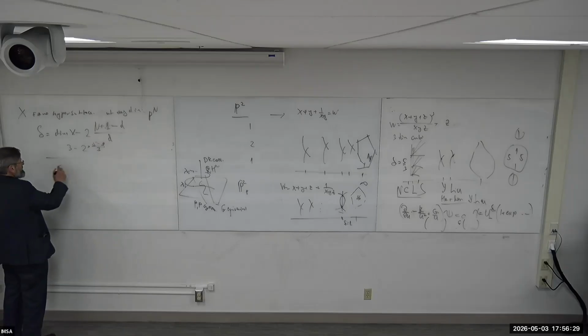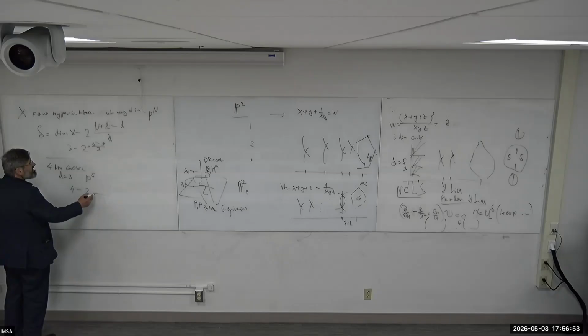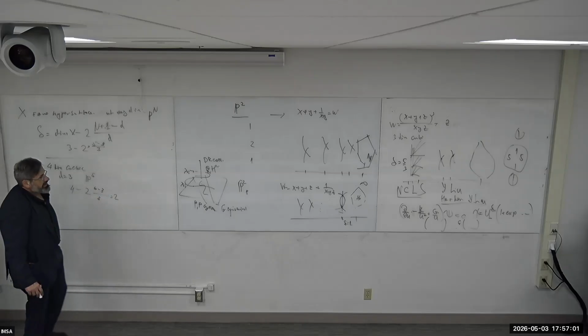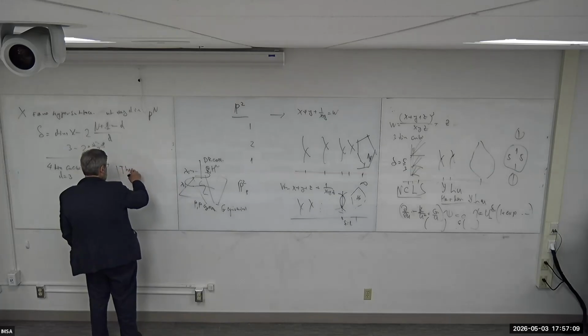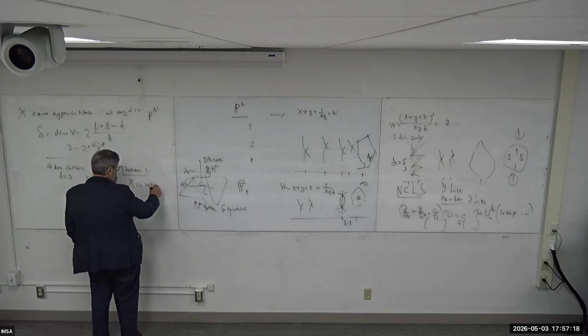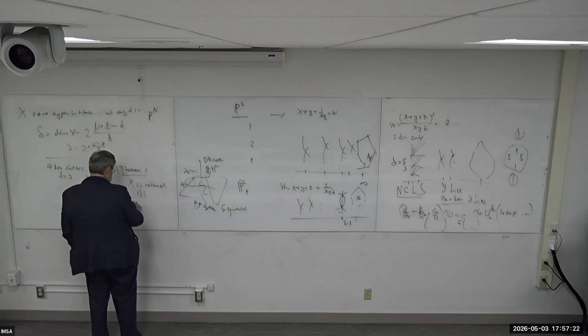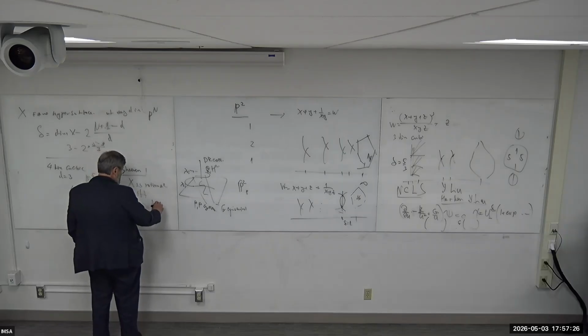Now, if you look at the four-dimensional cubic, so I have degree 3 in P^5, then this formula gives 4, and that's not good because it's equal to 2, and actually the theorem is that X is rational if delta is bigger than the dimension of X minus 2.